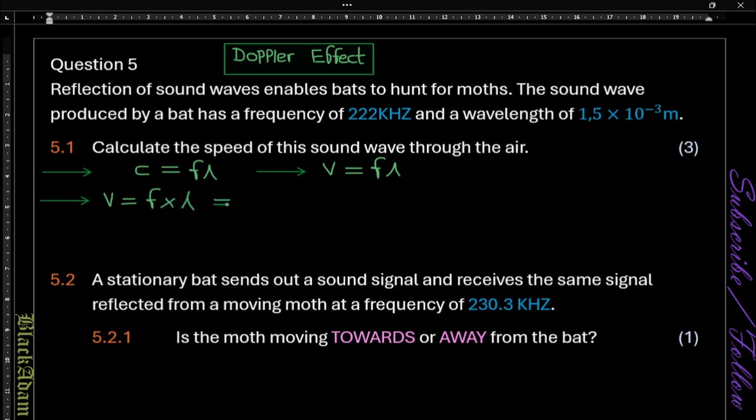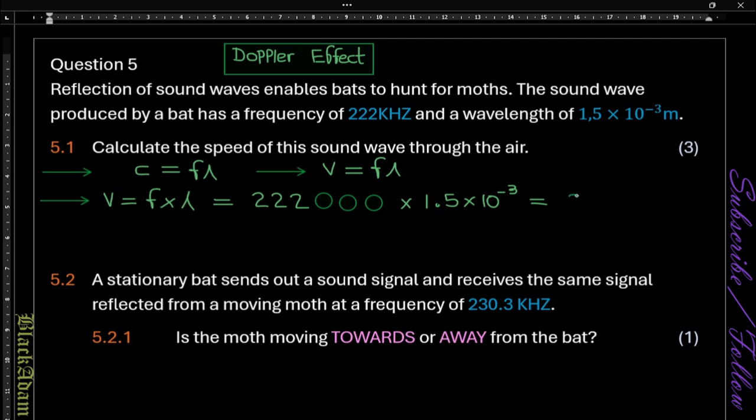So that means now we have 222. Remember that kilo means 1,000, so we have 222,000 Hz, multiplied by 1.5 multiplied by 10 to the power negative 3.